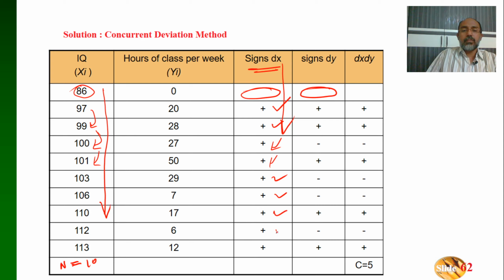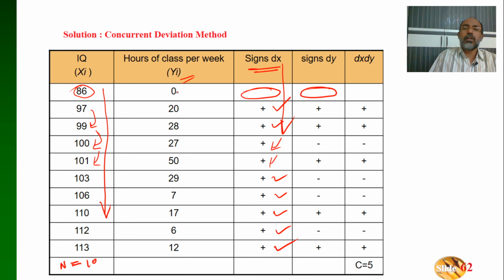Okay, done. Now we'll take the second line, Y hours per week. What is the first value? 0. Before that nothing is there, hence it is empty.